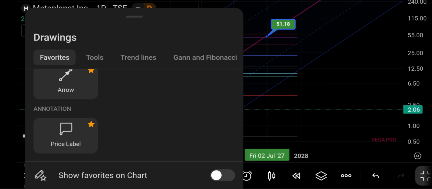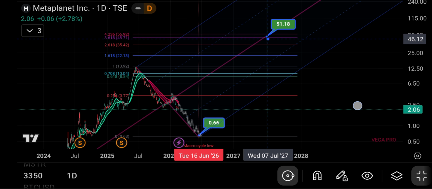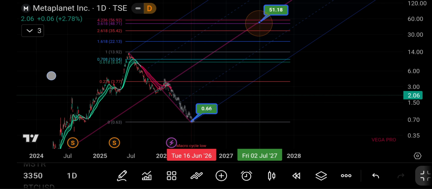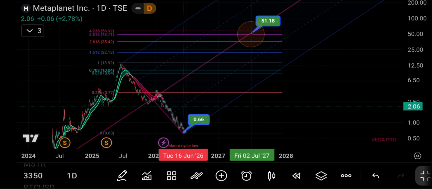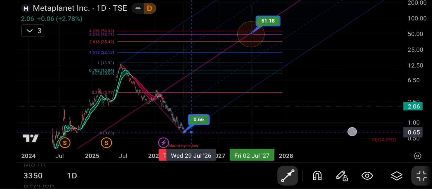And we are going to add this circle. This makes it very clear for you. So, essentially, what we're looking at here is our projected target price point of $52. The projected date is July 2027. That's the only thing I'm going to put on them now.